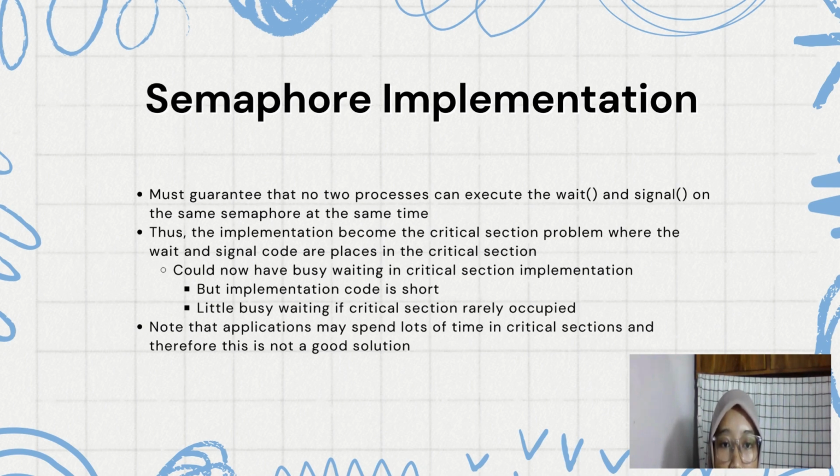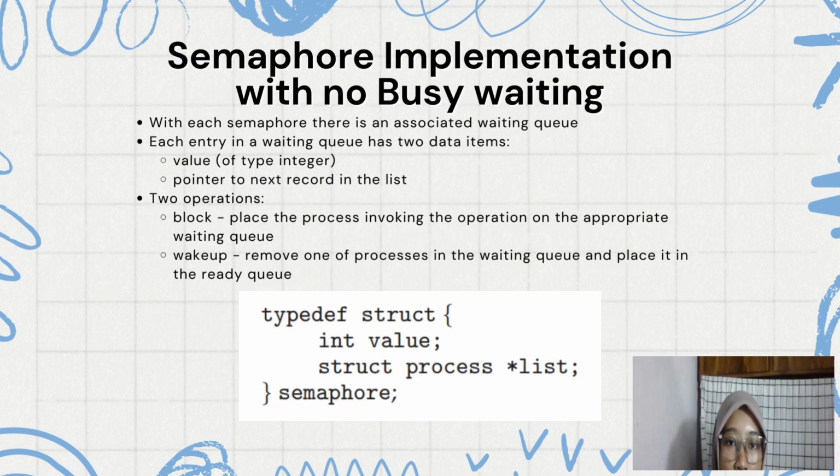We could now have busy waiting in the critical section implementation, but the implementation code is short. Little busy waiting is needed if the critical section is rarely occupied. Note that applications may spend lots of time in the critical section, and therefore this is not a good solution.